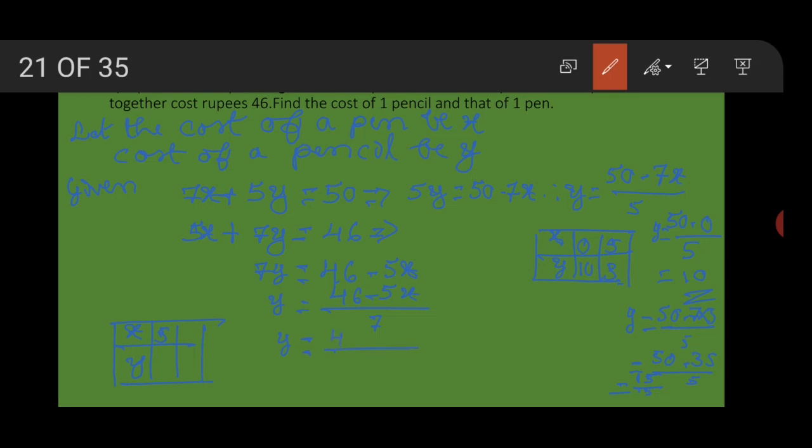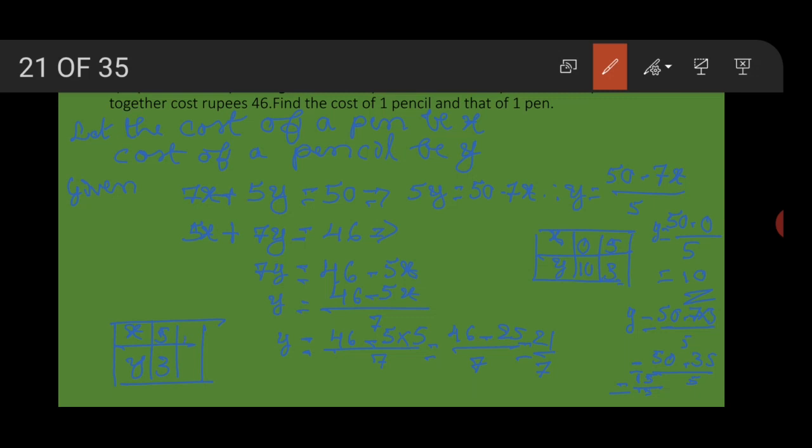What is the value of y? 46 minus 5 into 5 divided by 7. 5 5s are 25, 46 minus 25 is 21 divided by 7. 7 3s are 21. So if the value of x is equal to 5, then the value of y is equal to 3.